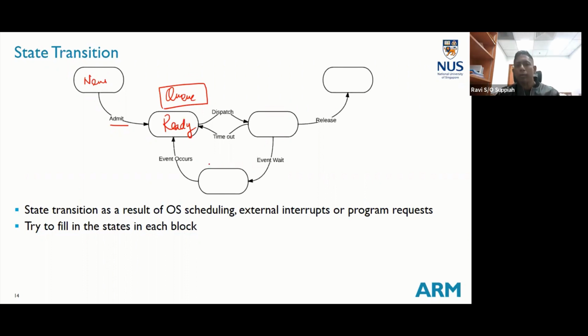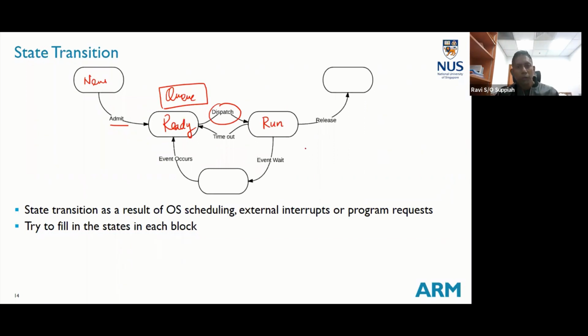At any point in time, you can have multiple tasks all in the queue, and one of them will be selected to transition to use the CPU. When I transition from ready to using the CPU, that means I'm actually executing code. That is what I call being in the run state.